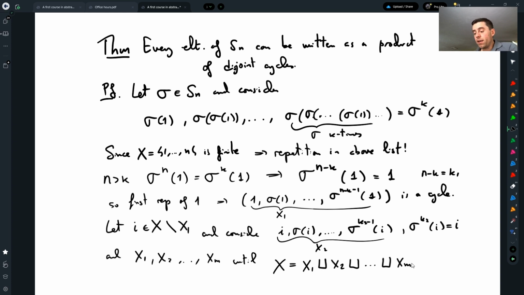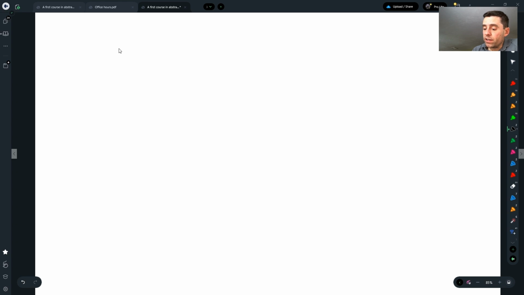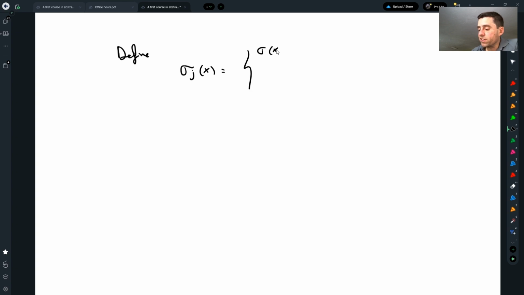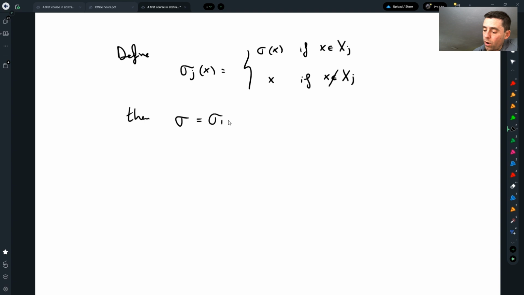Then I am done, and I can actually write my cycle sigma as a product of cycles, because now if I define sigma j of x to be just sigma, what sigma does to x, if x is in xj, and fix every other element that is not in that subset, then sigma will be a product of sigma 1, sigma 2, up to sigma m.